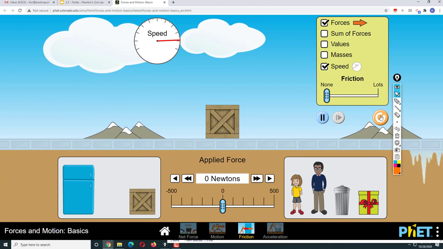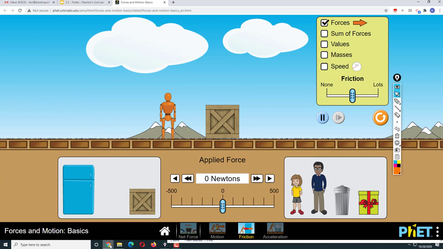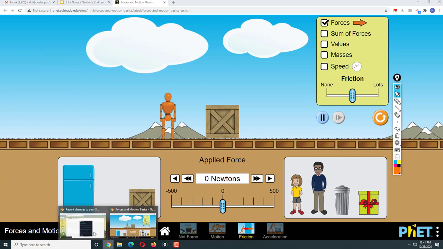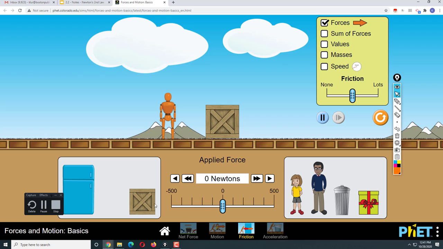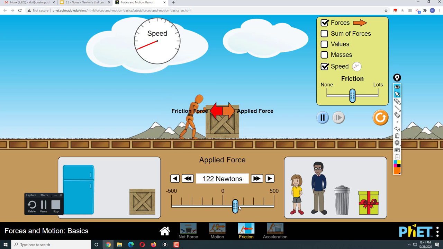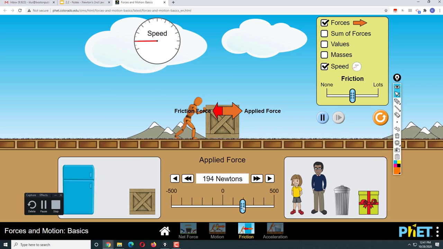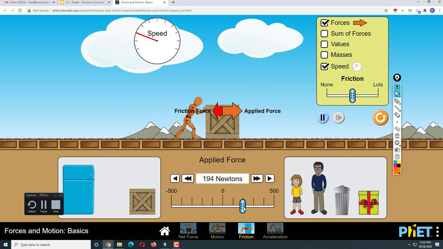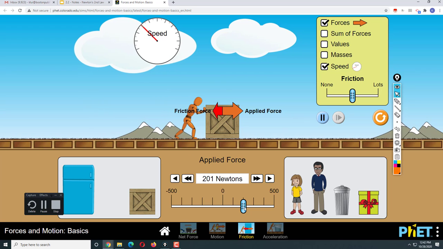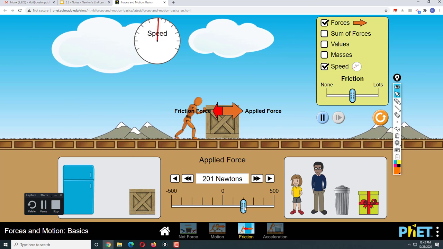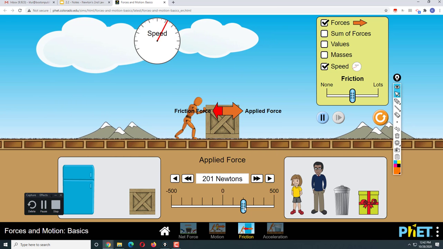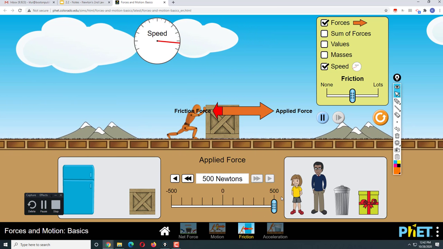Next, let's look at B, which is 200 newtons. It's speeding up, but not as quickly. The speed is going up. 500 newtons is going to speed up a lot faster.